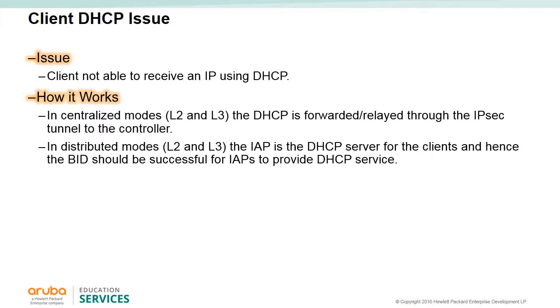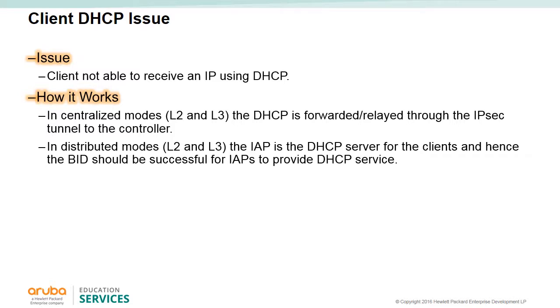In distributed mode, the IAP has to first successfully go through the bid process before it can become the DHCP server for the clients. The bid process between the controller and the IAP decides the subnet or set of IPs that the IAP can distribute or use to provide DHCP service for the clients. So if the bid process fails, then the clients connecting to the SSID won't be able to receive an IP address.